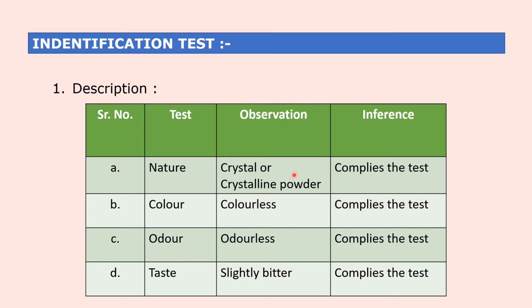Now, when you receive the unknown sample, in physical examination, if you see it is a crystalline powder, then it will comply the test. If it is colorless, complies the test. If it is odorless, complies the test. If it is having a slightly bitter taste, it is going to comply the test. That is related with your description part.